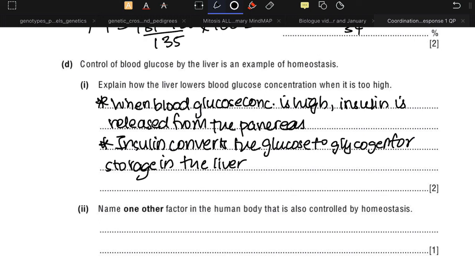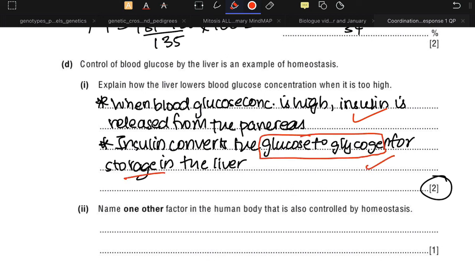Alright, basically converts glucose to glycogen. When this glycogen is now produced, it gets stored in the liver. Alright, so how many marks was this? 2 marks. Let us see if we have covered it. So when blood glucose concentration is high, insulin is released, that's 1. And insulin converts glucose to glycogen, that is another point. For storage in the liver, that's another point.